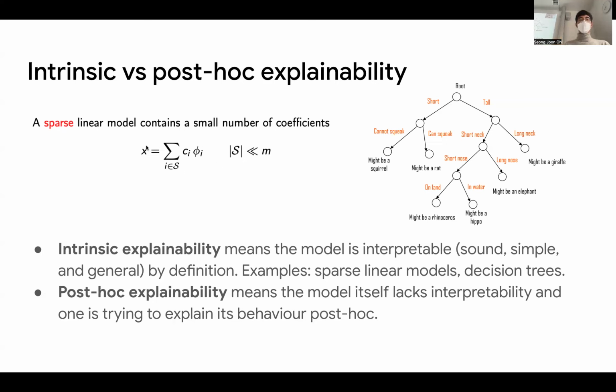So for example, this sparse linear model turns out to be very useful throughout our studies in explainability, because eventually what you do with a deep neural network to explain it is either turning a small part of your network into a sparse linear system and then analyzing that sparse linear model, or you're approximating the whole model using some sparse linear model, and then instead of looking into the entire system, you just explain this surrogate sparse linear model.